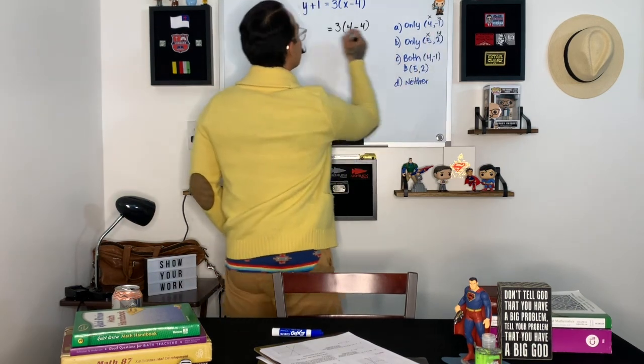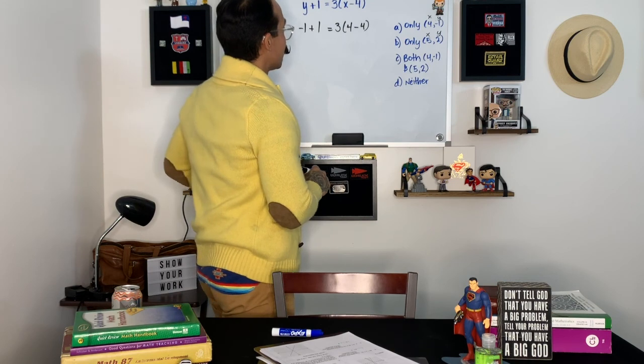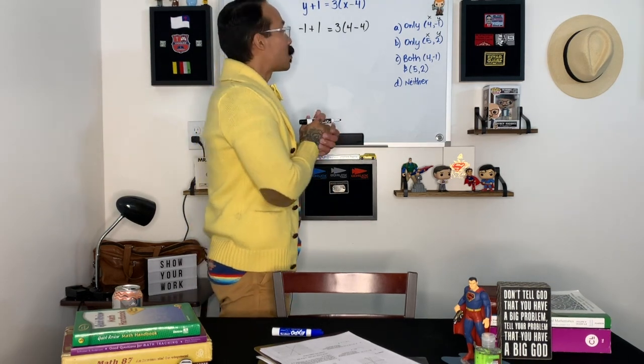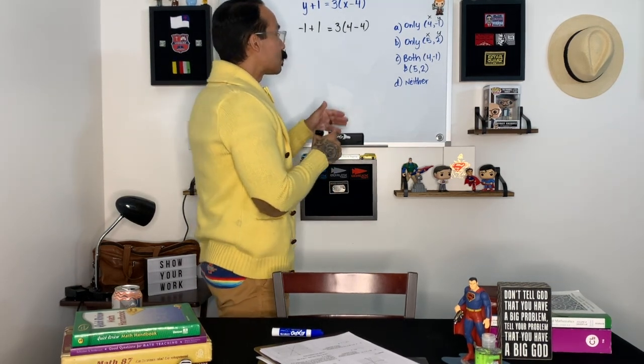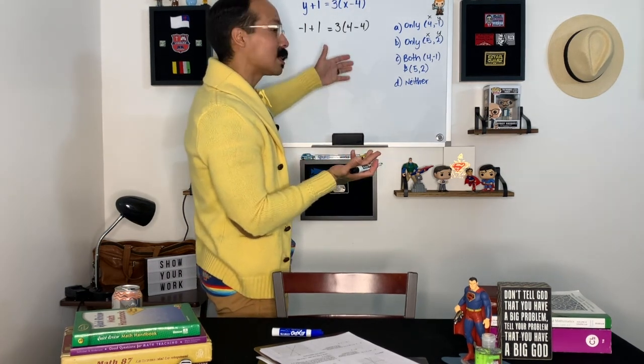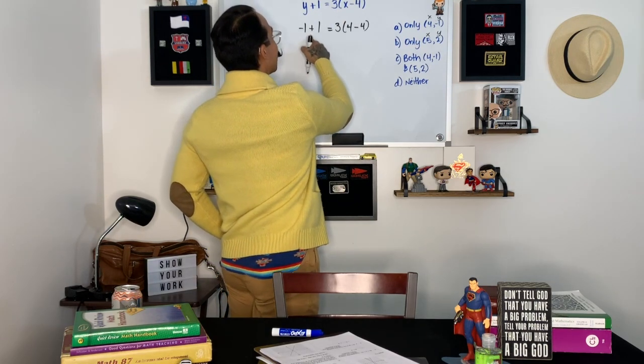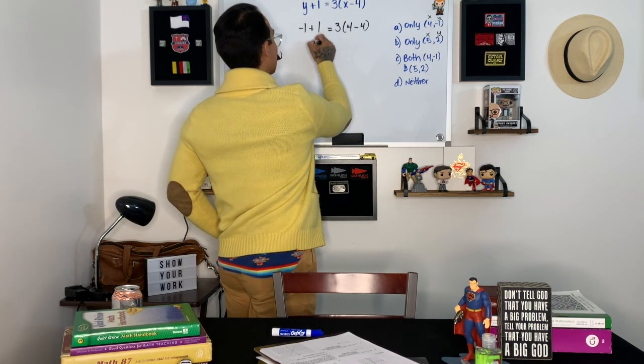I would write -1. I've got -1 plus 1 on this side. And we know it's a part of the solution if this equation results in a true statement. If it doesn't, then it's not a solution. Let's continue. -1 plus 1 is equal to 0.